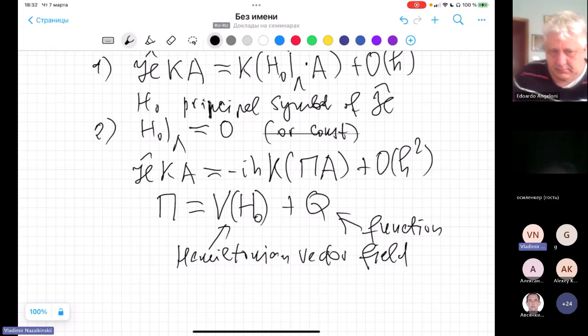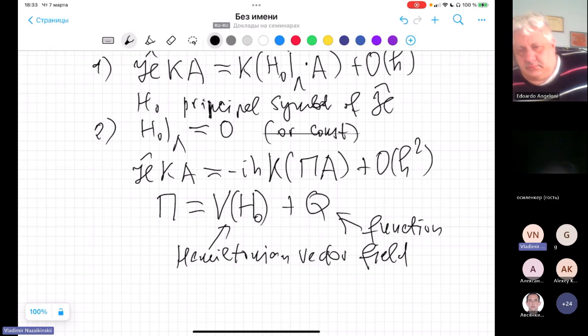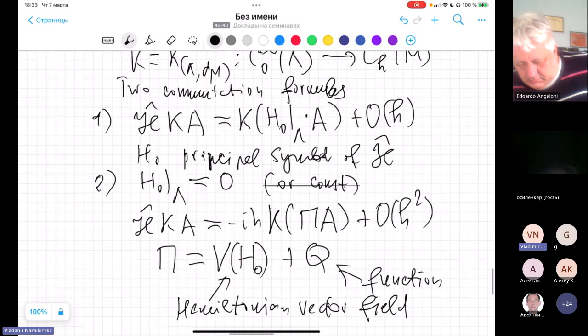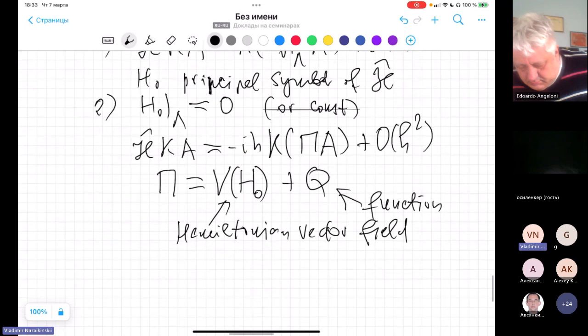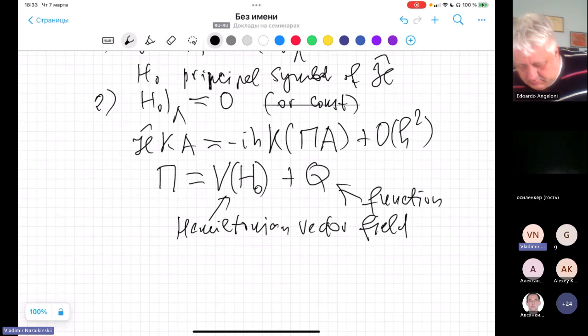This is well defined because if H naught is 0 on lambda, then the Hamiltonian vector field is necessarily tangent to the manifold lambda, and so the action of this vector field on functions defined on the manifold lambda is well defined. So these are basically all the formulas we need to find out what the invariance conditions are.